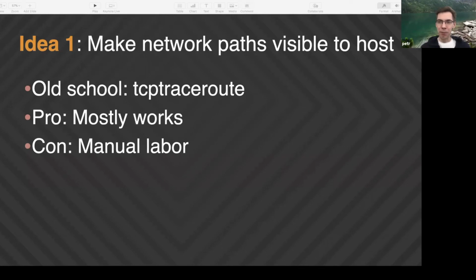It's actually pretty powerful if you get it right, but you need to know which connection to trace. Then you can look at every hop on the path and infer what happens where. TCP traceroute is a well-known tool that people often use. Unfortunately, it's manual. It requires some intelligence and habits to use it efficiently.